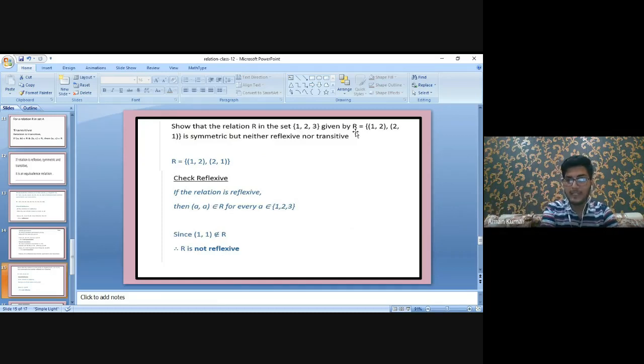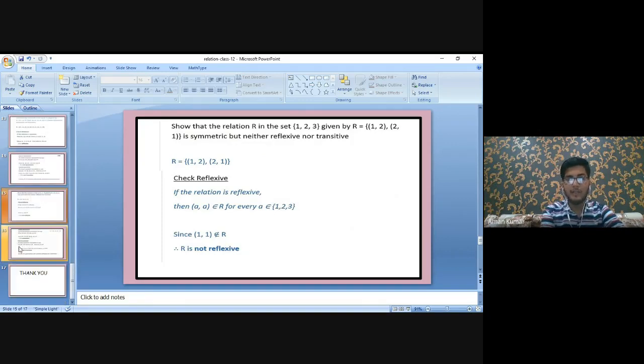But as we can see, (1, 1), (2, 2), (3, 3) do not belong to relation R, so this relation is not reflexive. If a relation is reflexive, then (a, a) belongs to R for every a in {1, 2, 3}. Since (1, 1) does not belong to R, R is not reflexive.